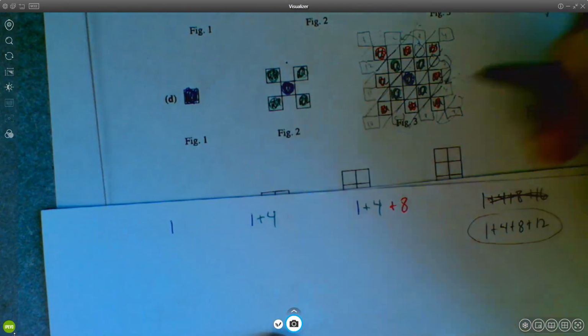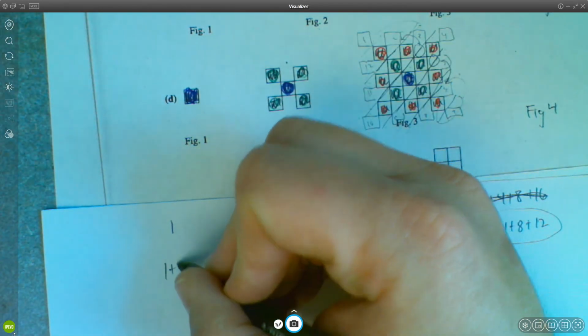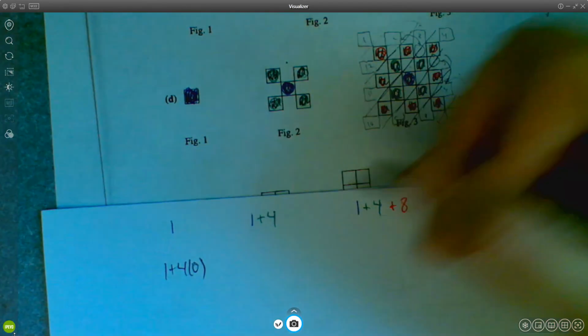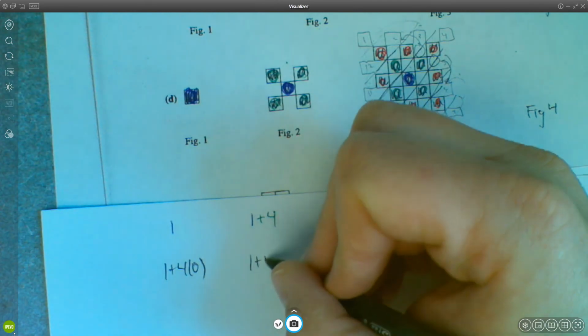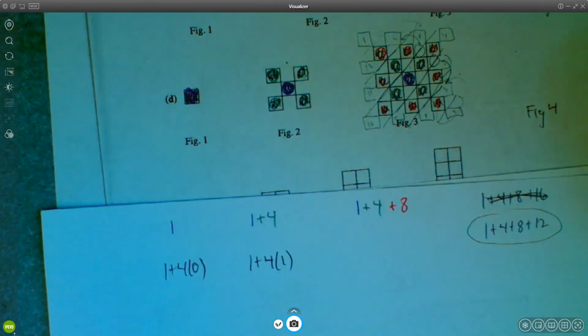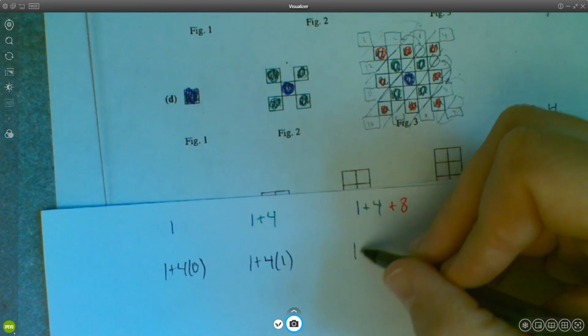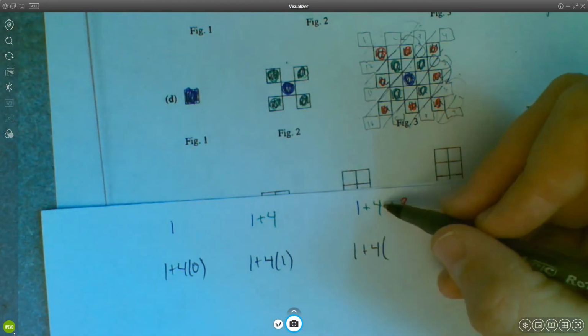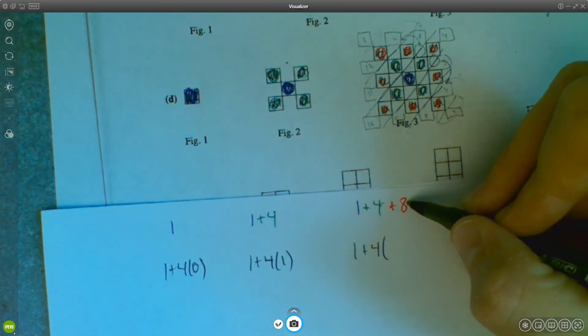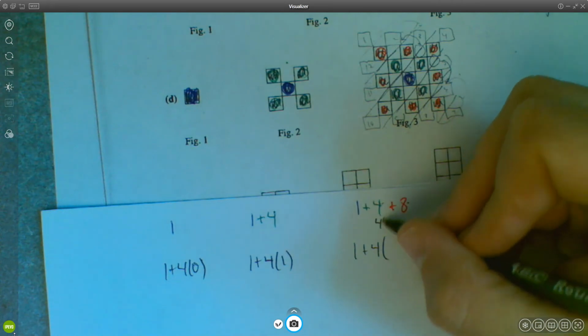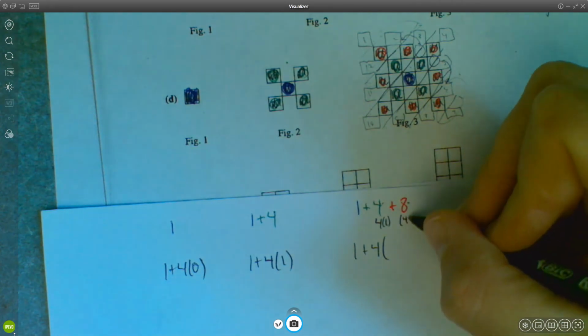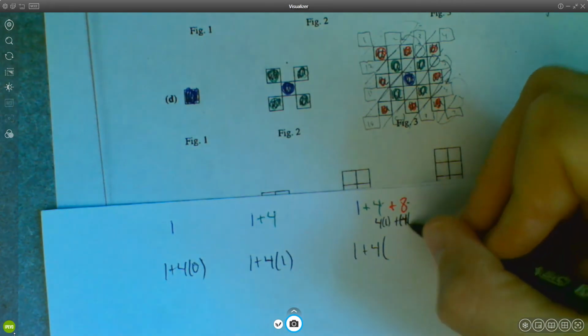So I'm going to think of it like 1 plus 4 times 0. Here I'm going to have 1 plus 4 times 1. Here I'm going to have 1 plus 4 times, this is a 4 times 1 and this is a 4 times 2, secretly, right? It's 4 times 1 plus 4 times 2.